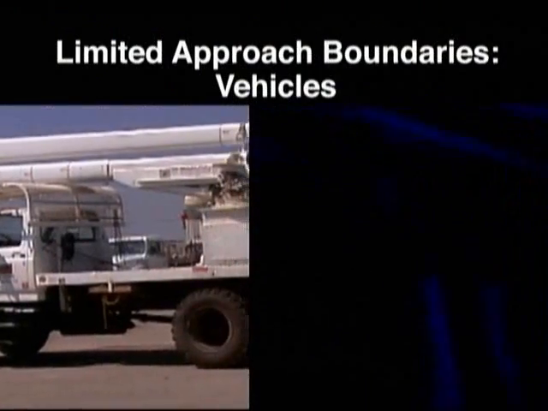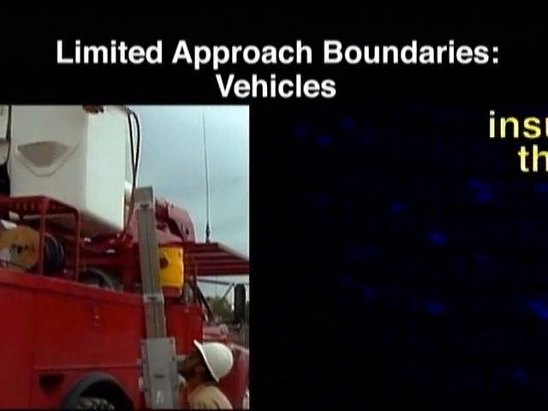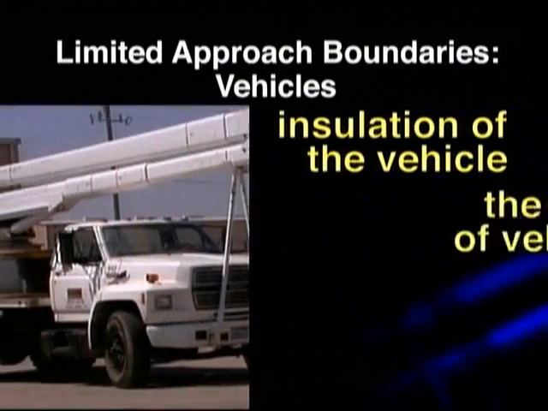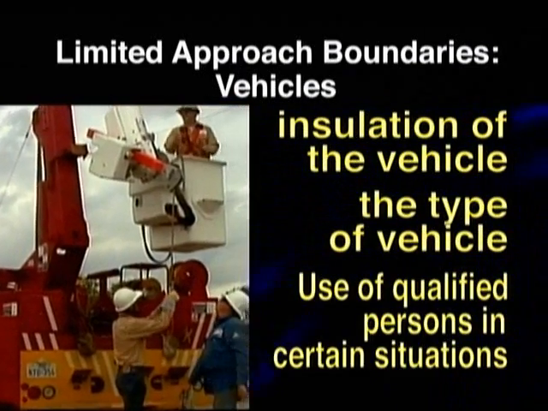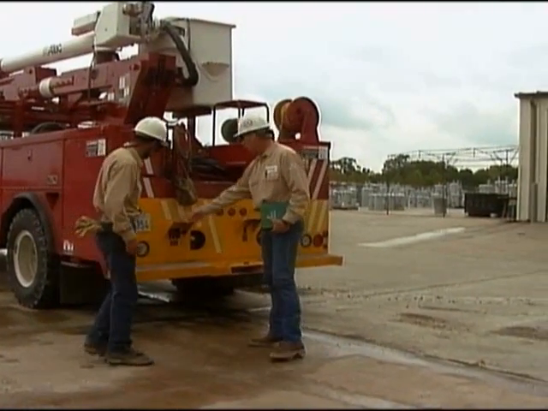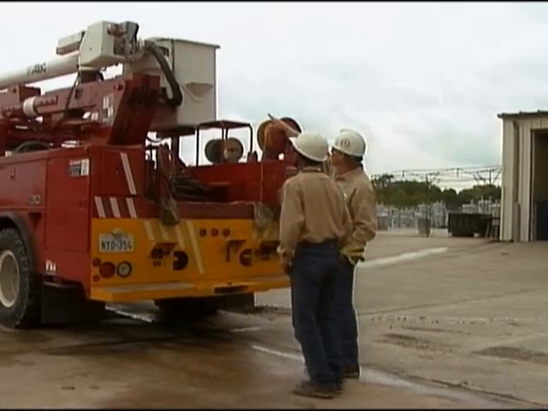Vehicles have separate issues for their limited approach boundaries. These issues change because of the insulation of the vehicle, the type of vehicle, and the use of qualified persons in certain situations. For more detailed explanations of the limited approach boundaries for vehicles, please contact your supervisor.